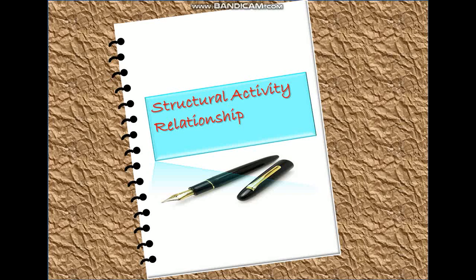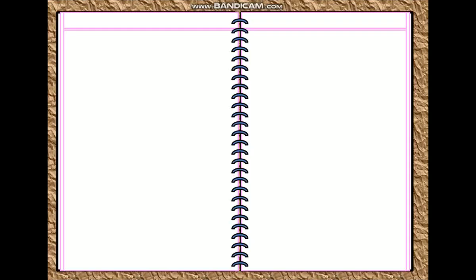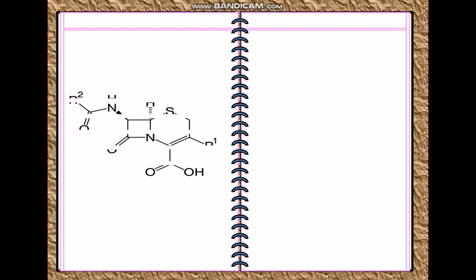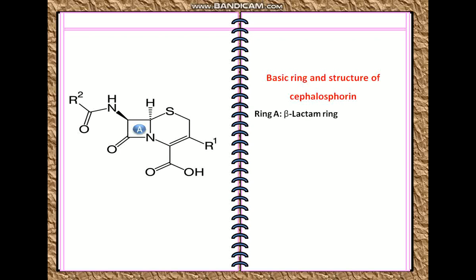So first one is ring A. Ring A is the beta-lactam ring and ring B is dihydrothiazine, and there is a side chain present, which is called the acyl amido side chain. So this is the basic ring and structure of cephalosporin.